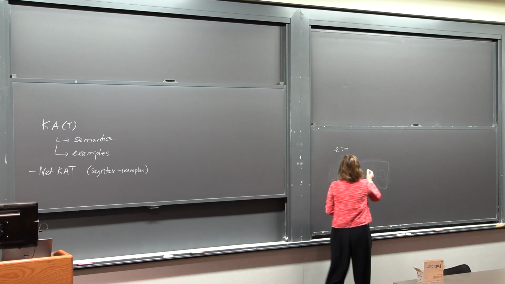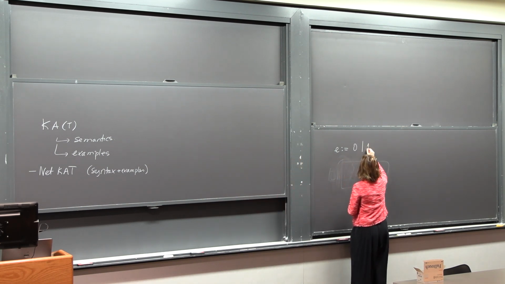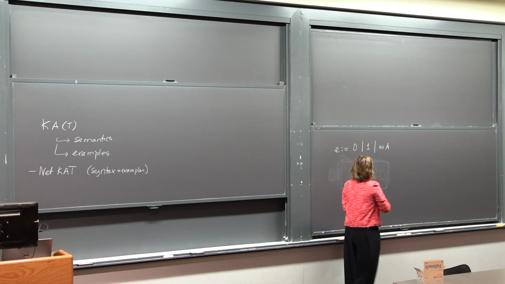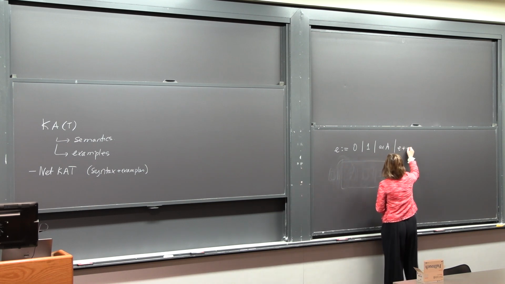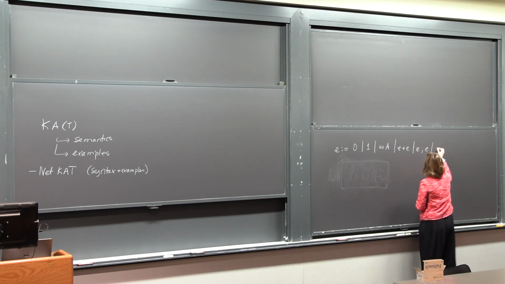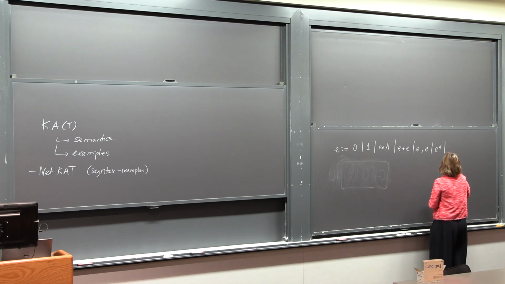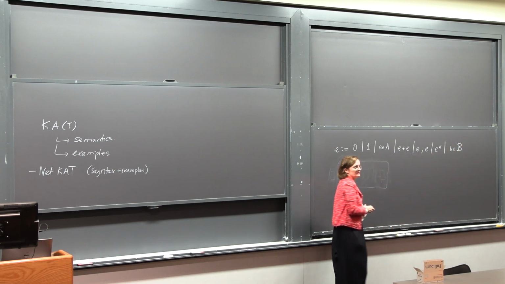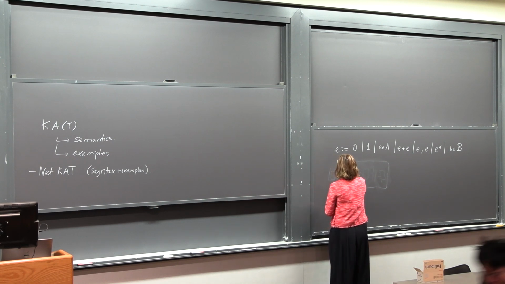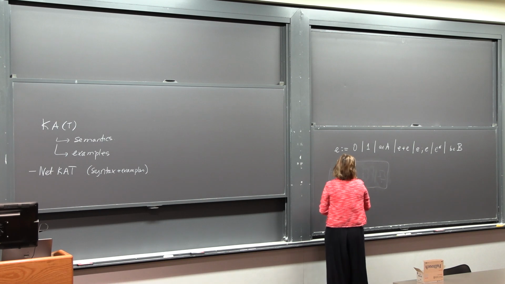Many things are the same. So I have 0, 1, I have some letters with some alphabet, I have plus, I have sequential composition and star. But now I have some tests from a Boolean algebra. And those tests, I can also describe them syntactically.